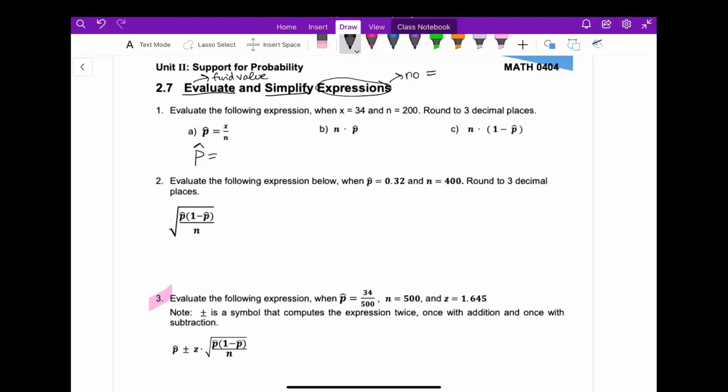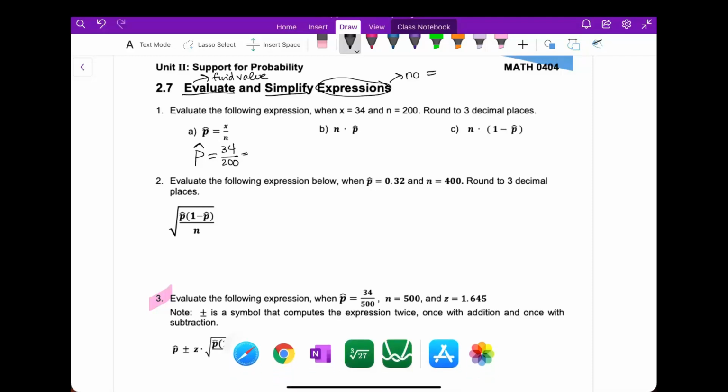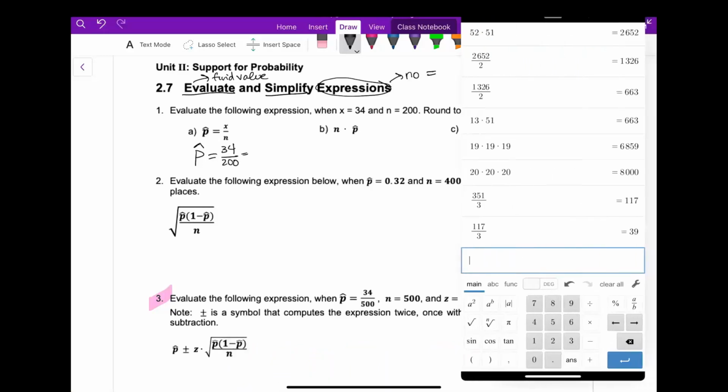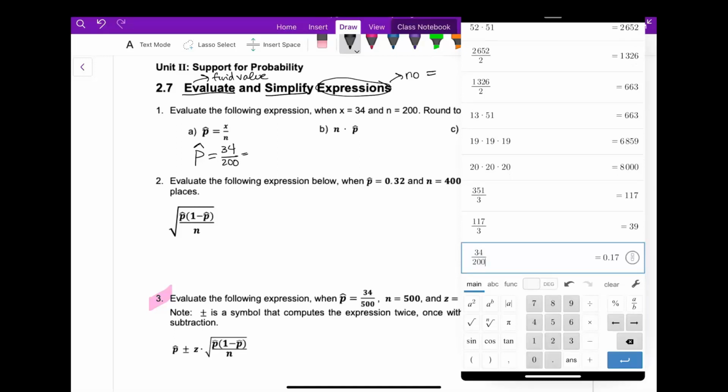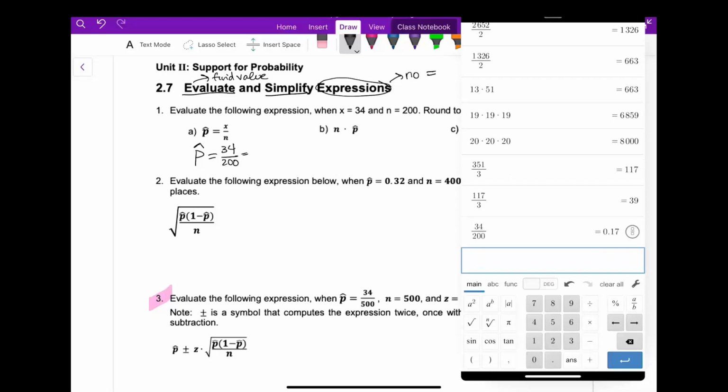And then we have x is the value 34 and n is the value 200. We're going to round to 3 decimal places. So let's use our calculator. We are not simplifying in the traditional fraction sense. So we have 34 divided by 200. In this case, there's no rounding necessary. It's just 0.17 or 17 hundredths.